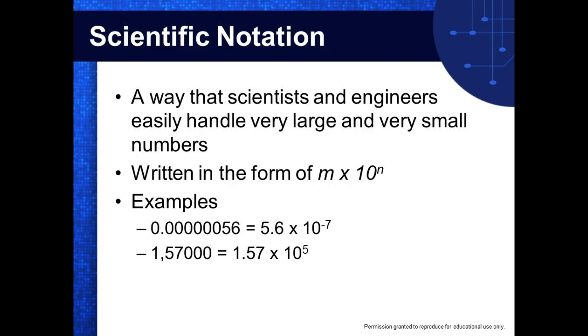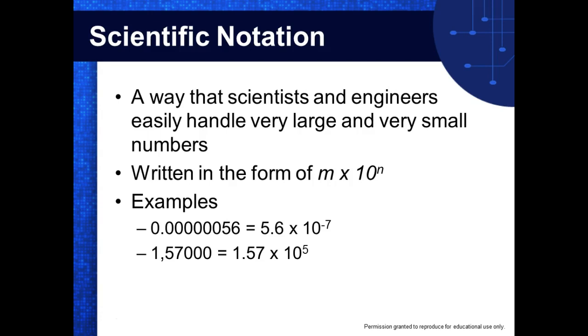What we're trying to do is get this decimal point up until we get to our first whole number, right? So I come over, I go 1, 2, 3, 4, 5, 6, 7. And then I would write this as 5.6 times 10 raised to the 7th power.